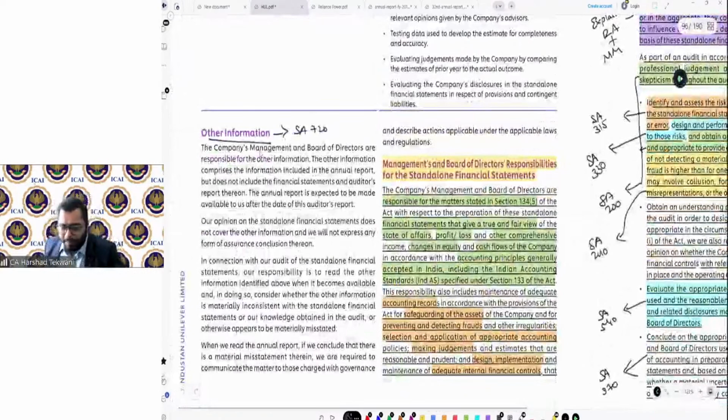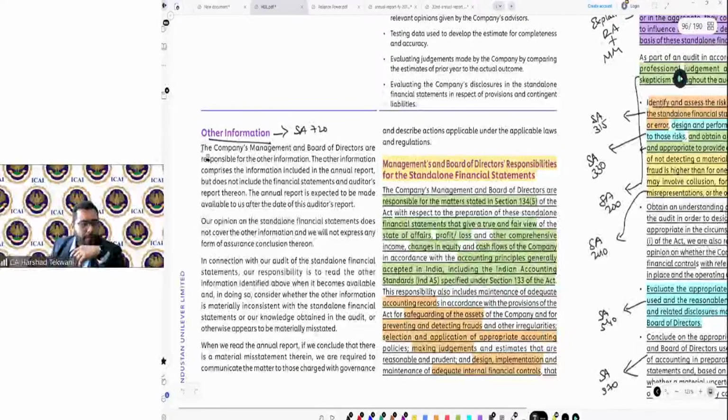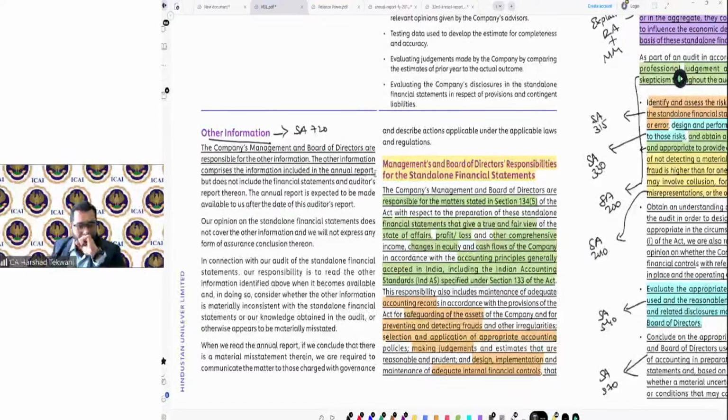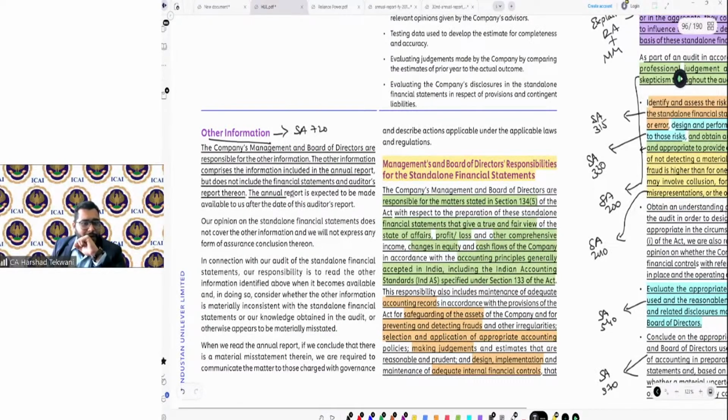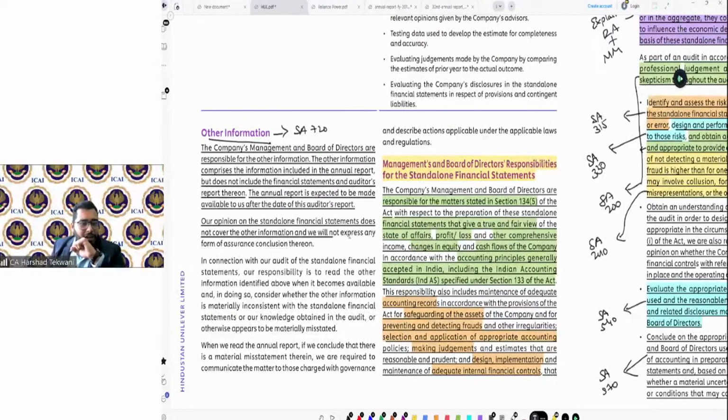If you see this other information paragraph, it says the company's management and board of directors are responsible for other information. The other information comprises the information included in the annual report, but does not include the financial statements and the auditor's report thereon. The annual report is expected to be made available after the date of the auditor's report. Our opinion on the standalone financial statements does not cover the other information and we will not express any form of assurance or conclusion thereon.